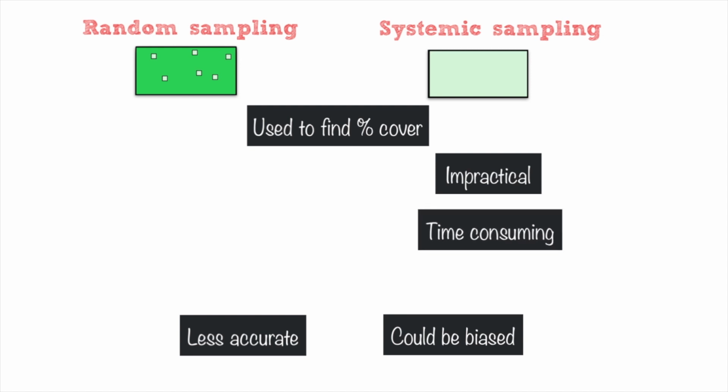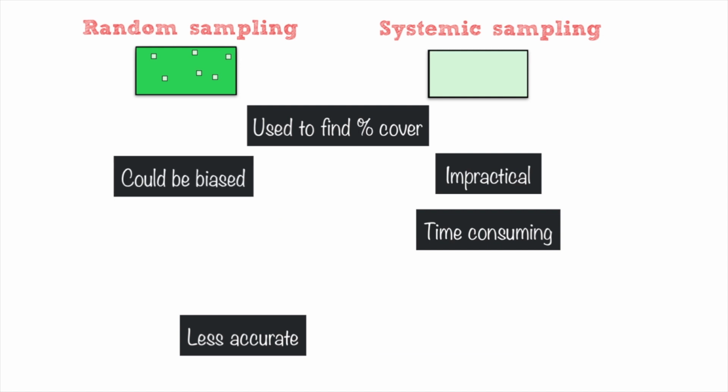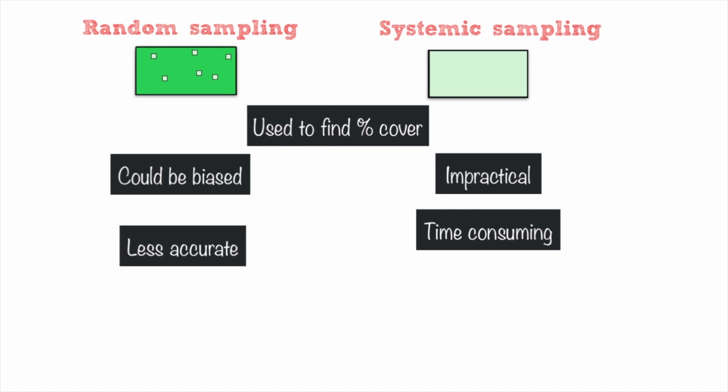It's quite time consuming as well, because you're going to have to cover as much of the habitat as possible. But on the other hand, systematic sampling is fair because you're following a specific transect to study the habitat. Random sampling could be biased because it would be based on your preference, on your comfort, so it's not going to be a very fair method of studying the habitat. And as I said, it's going to be less accurate than systematic sampling.